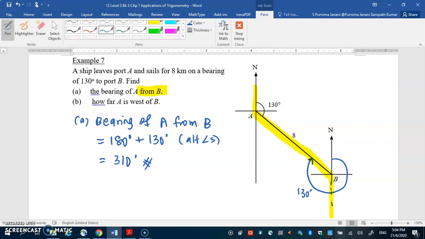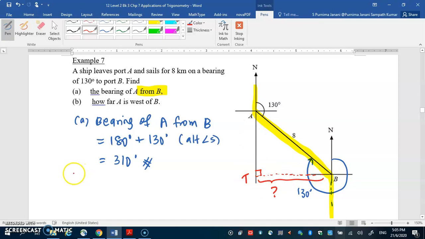Now for part B, they ask how far A is west of B. Basically, they want to know this length over here. West is to the left. So how far A is west of B is this length over here. How do I find that? Let's just call this point T, so that it's easier to talk about the sides.